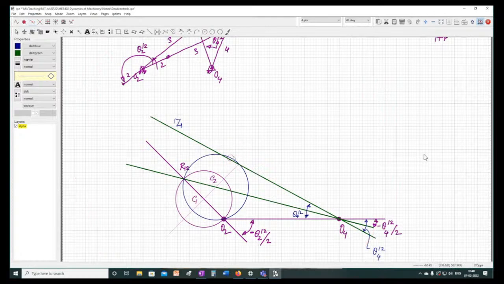And we will now make, since we have chosen a point on it, so this is the point we have chosen. And this point is actually our point B1.